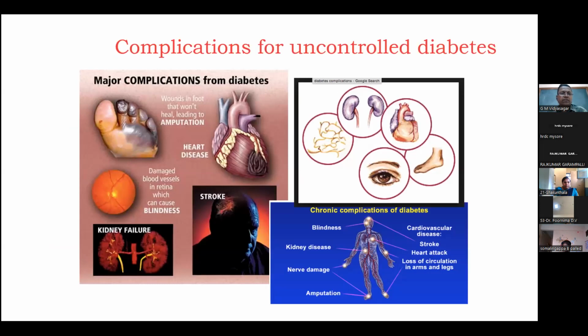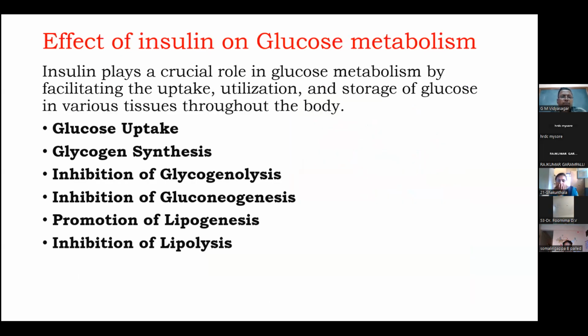So these are the disorders, some of the complications, as we saw in the last slide: the wound in foot that won't heal, leading to amputation, then the heart disease, then the blood vessels, if they are damaged, in retina, which can cause blindness, and the stroke, kidney failure. So all these are the disorders which are seen in the patients.